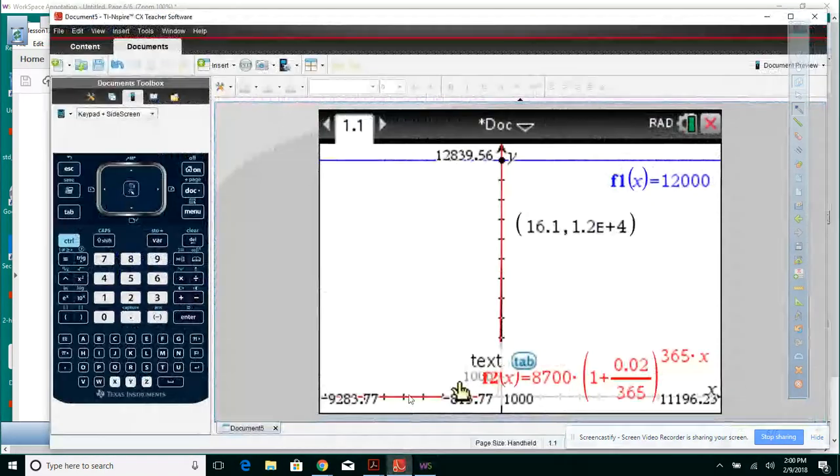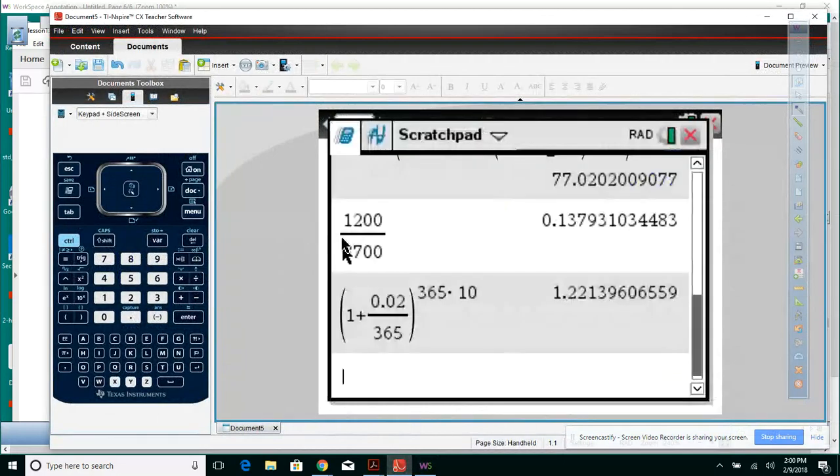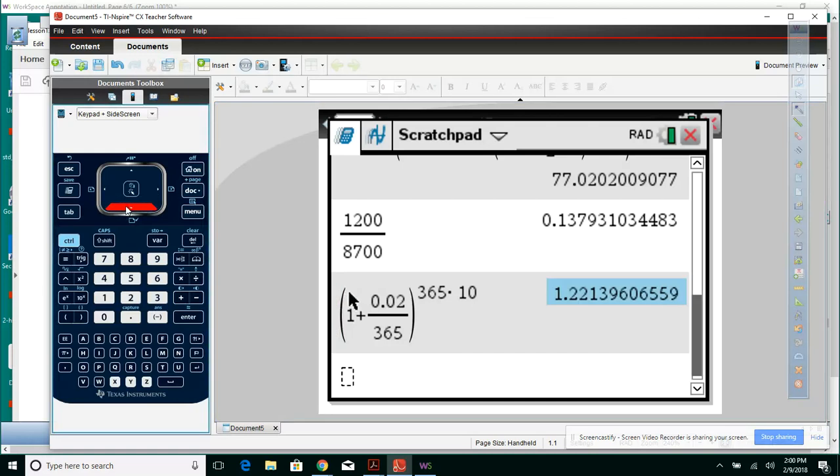Now, where did I make my mistake on that other side? I see what I did. I didn't put the 8700 in front of it. So let's put 8700 and go up there and grab that.